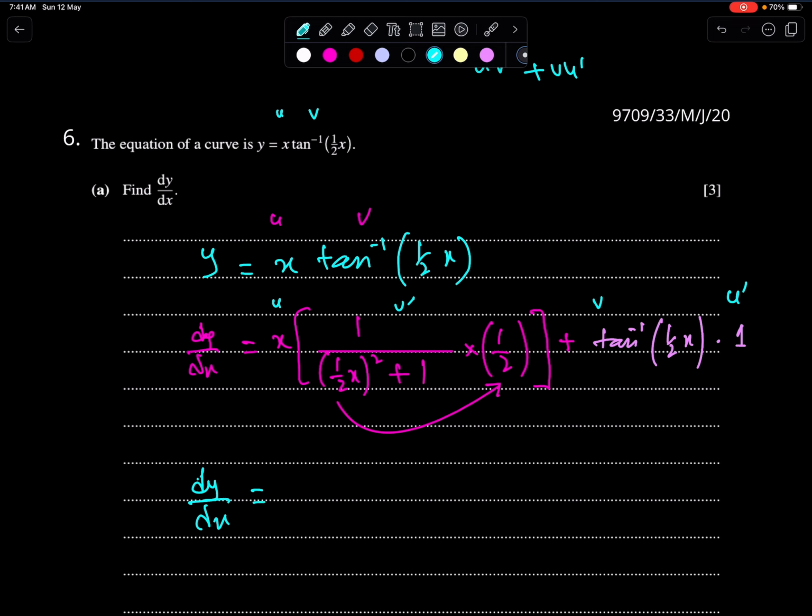So we have x here, 1 upon 2 is here. This is x square upon 4 plus 1. This is plus tan inverse half x.